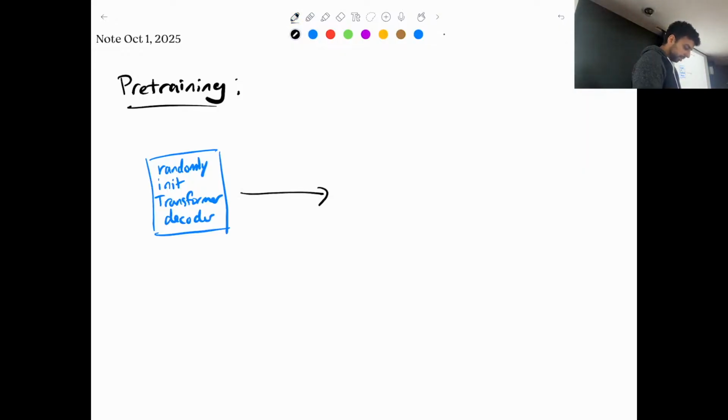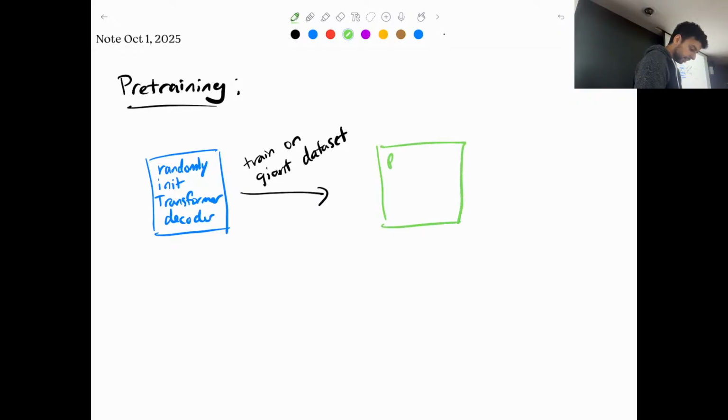Then what we do is train on a giant data set to obtain a new model that we'll just call the pre-trained transformer decoder.